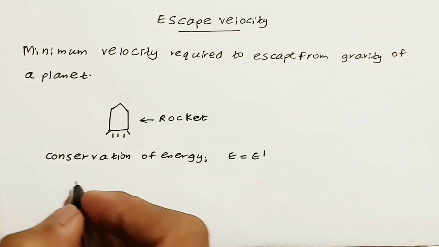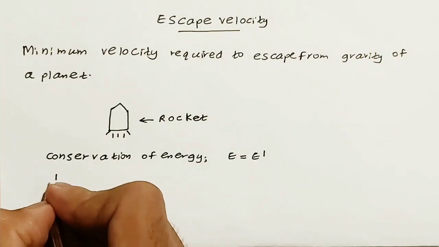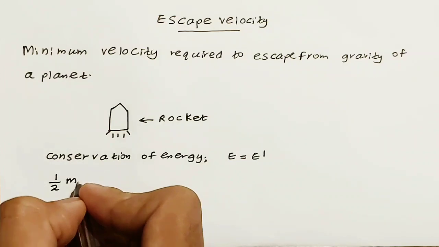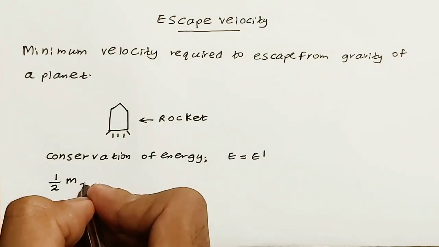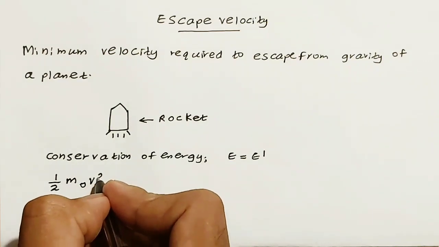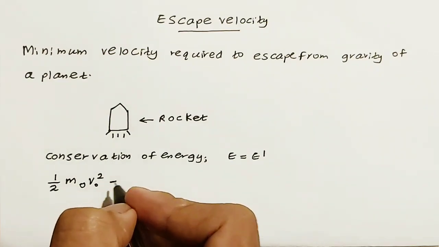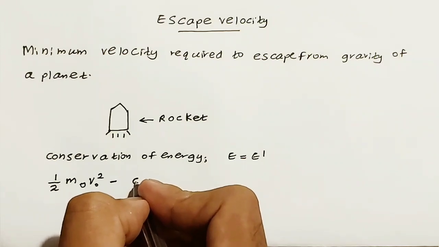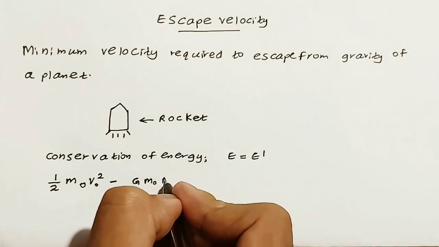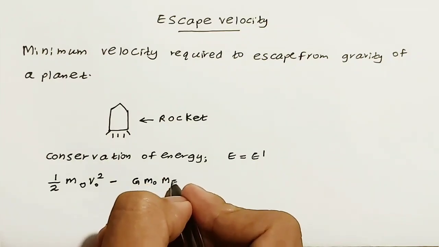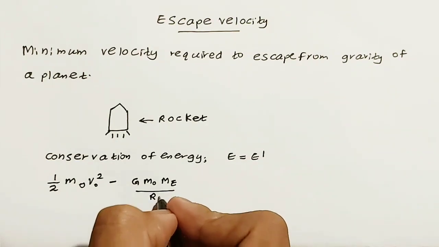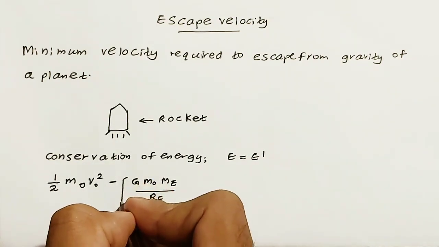In this situation, it is influenced by the kinetic energy and the potential energy. The kinetic energy of the object we take as half m naught v naught squared, minus the potential energy, which is G times m naught times M. Here we consider the Earth, so M_E over R_E, where R_E is the radius of the Earth.